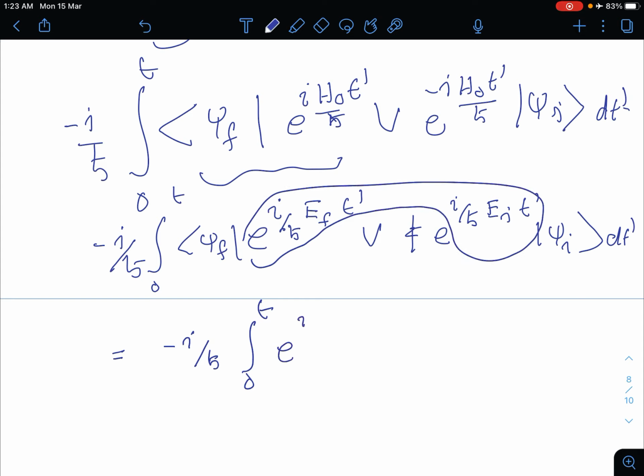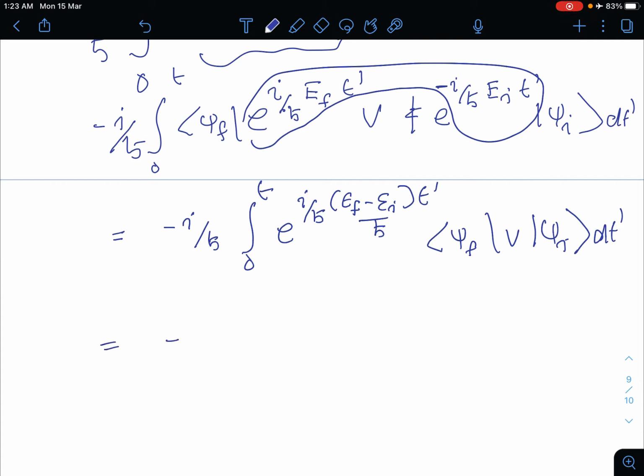You have a minus here, sorry. So this is simply e raised to i by h cross, Ef minus Ei, t dash by h cross, psi f V psi i dt dash. So that is minus i by h cross integral 0 to t dash e raised to i.